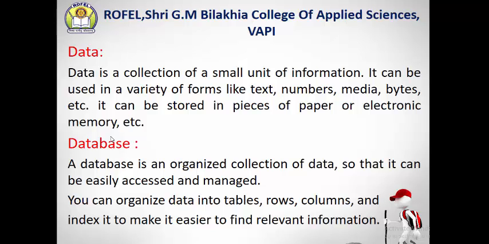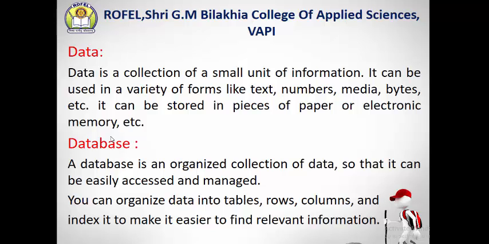If you want to access, retrieve or manage easily, find some particular data easily, then and only then you can use a database. You can organize your data in the database in the form of tables which contain some rows, some columns, some index values. Because of that you can easily find your relevant information.